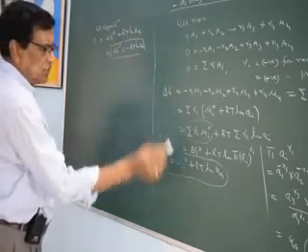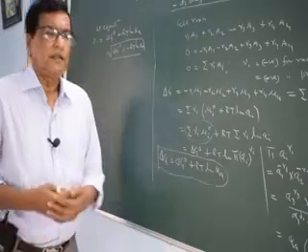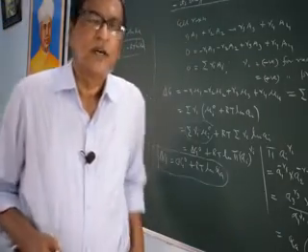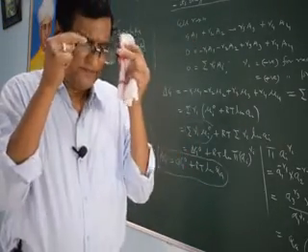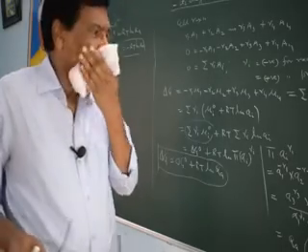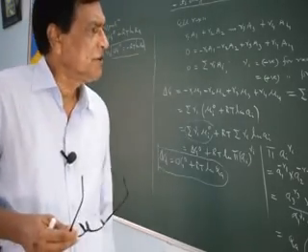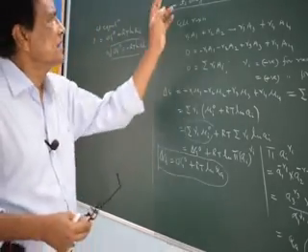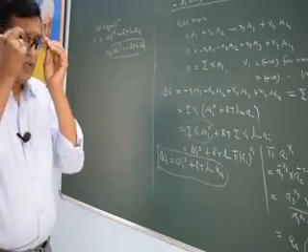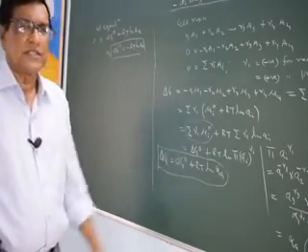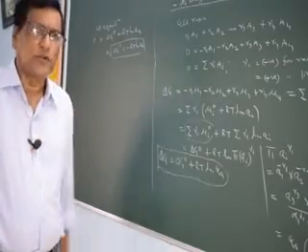This one and this one are called the van't Hoff reaction isotherm of the cell reaction. Whenever we transfer these van't Hoff equations to the Nernst equation, we have to jump from thermodynamics to electrochemistry.